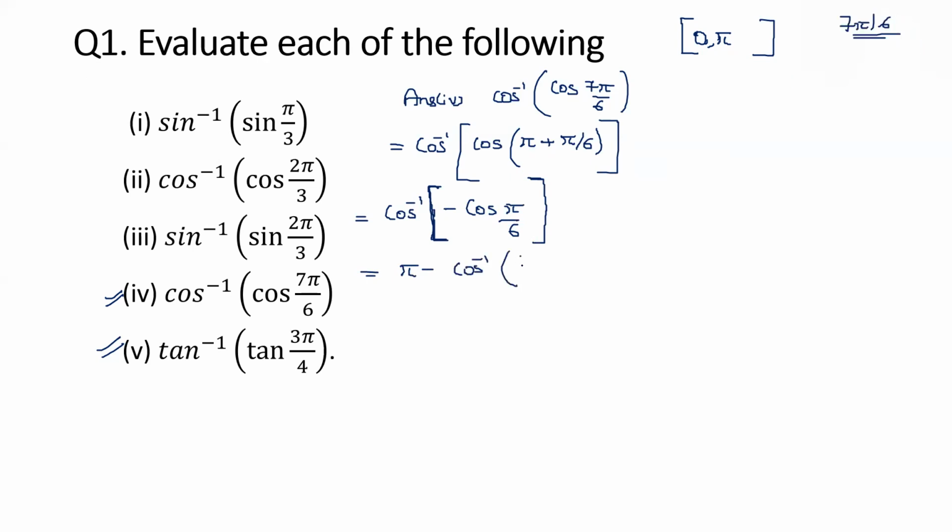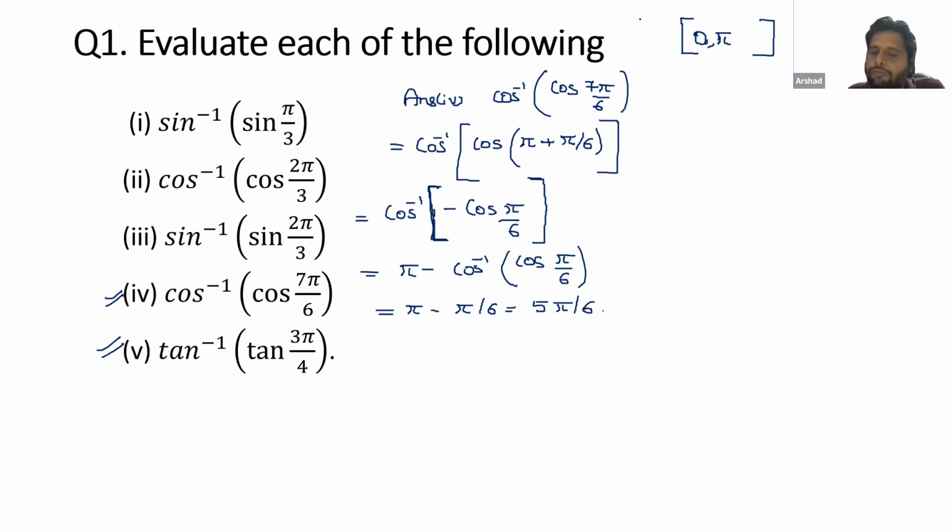Here we have, in place of x, this value. So pi minus pi by 6, you will get 5 pi by 6. Please check with the range that the answer you are finding lies in this range. Now please do this and note it down.